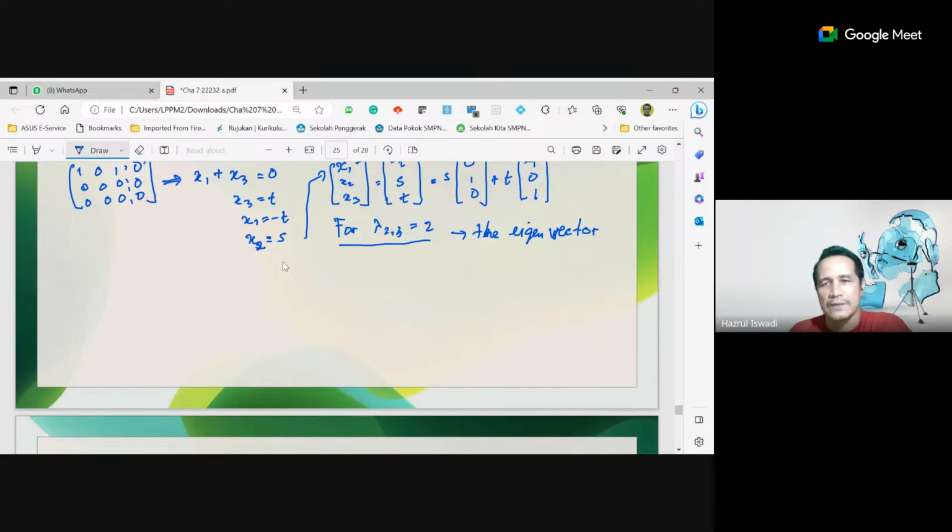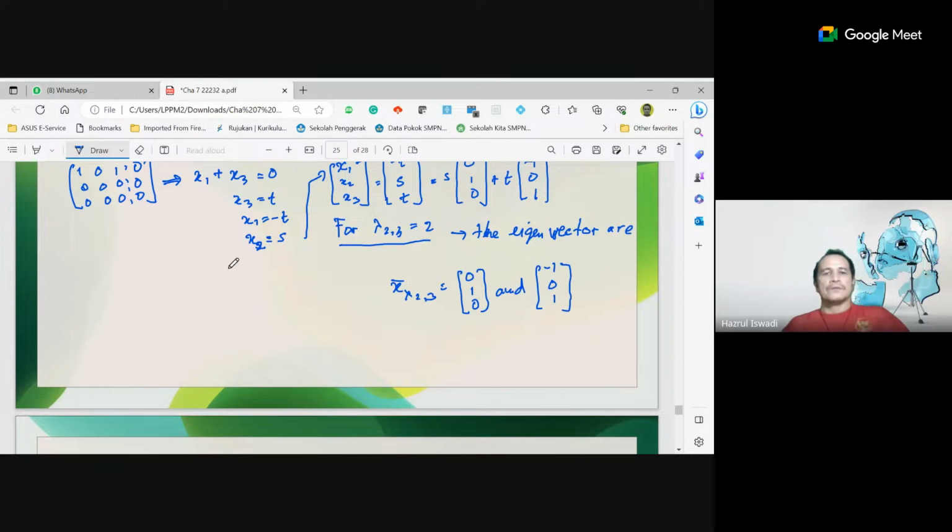The eigenvectors for lambda 2 and 3 are 0, 1, 0, and minus 1, 0, and 1.